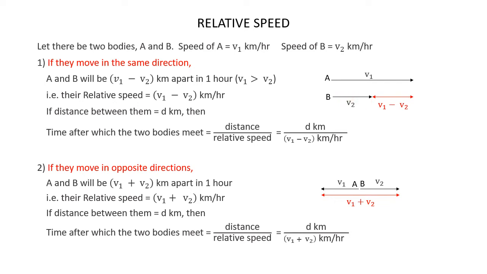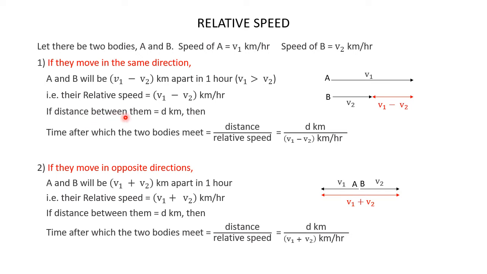So after 1 hour, A will be at this position and B will be at this position. So after 1 hour, A and B will be V1 minus V2 kilometers apart. That is, their relative speed is V1 minus V2 kilometers per hour.